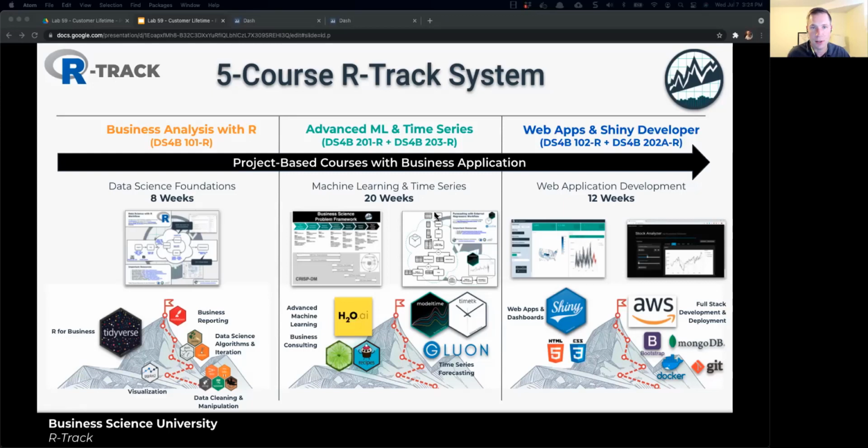It teaches you time series using my modeltime package, TimeTK, GluonTS, how to work with time series, and then how to build and deploy Shiny web applications. So learn Shiny, HTML, AWS, Bootstrap, MongoDB, Docker, Git. You learn all of this through a progressive system. And the beauty of it is it helps you keep making progress. While it progressively increases in difficulty, the rate at which it increases stays constant. So you end up learning a lot, and by the end of it, you become an expert.